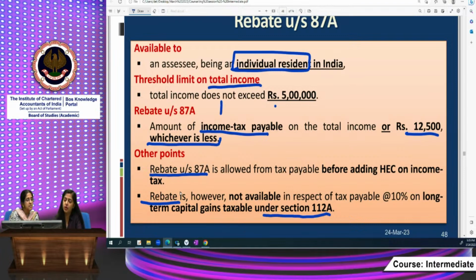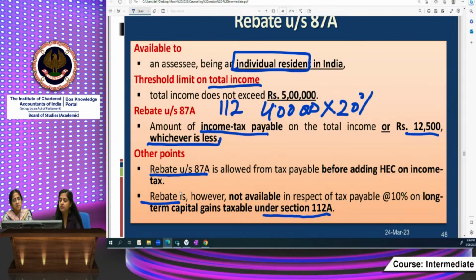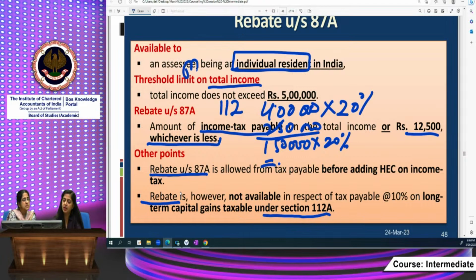Suppose you have any income which is taxable under section 112, suppose 4 lakh, which will be taxable at 20%. Suppose Mr. A is a resident individual.